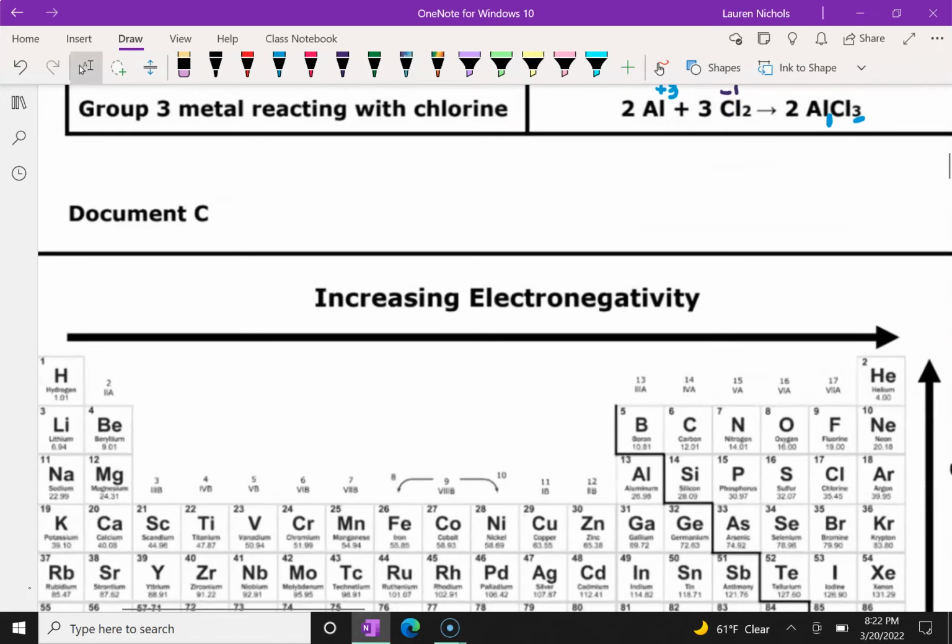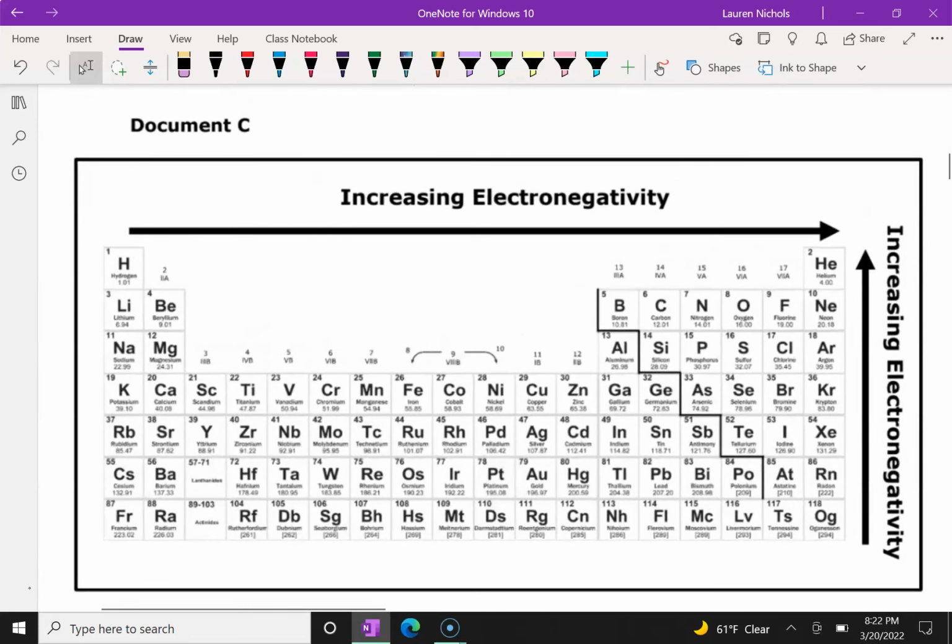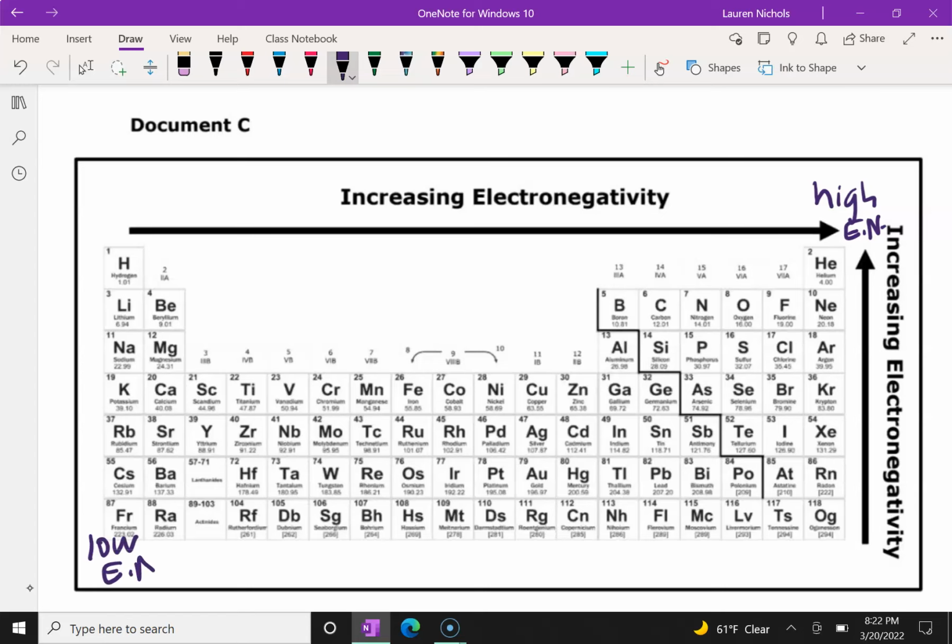And let's see, if we look at document C, we have one of our periodic tables, and they tell us we have an increasing electronegativity. So that means we have a high electronegativity in the top right corner, and we have the low electronegativity in the bottom left corner.